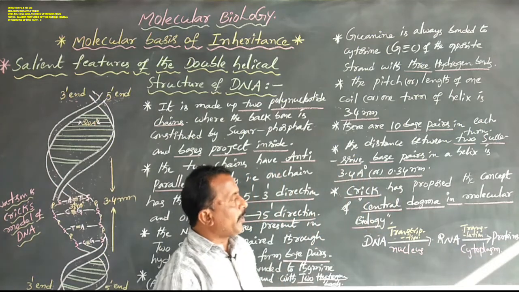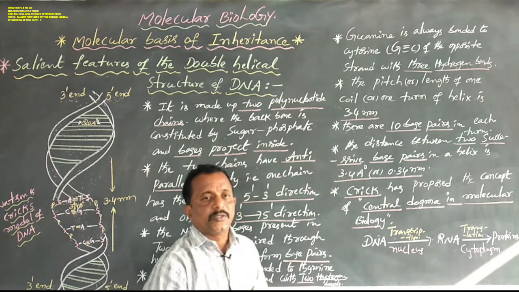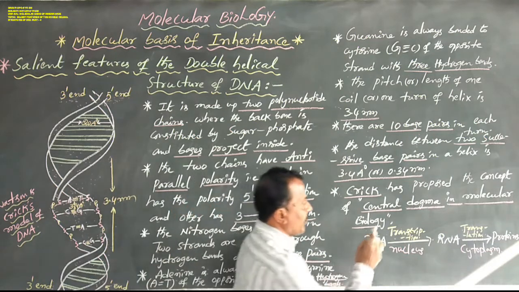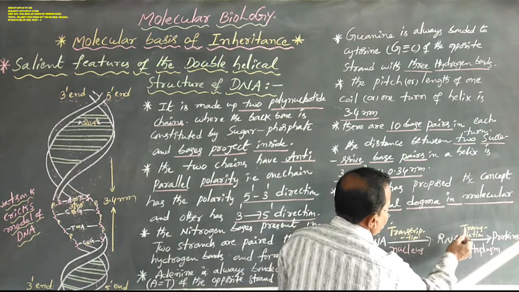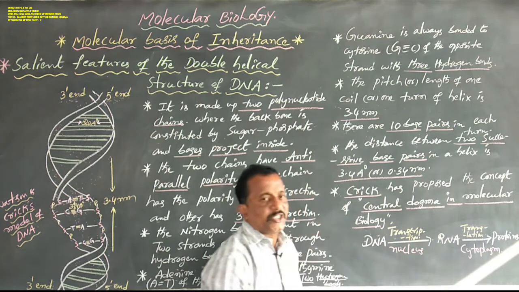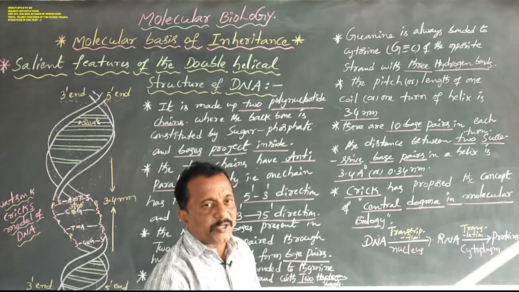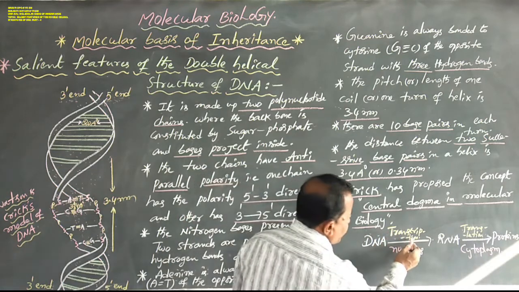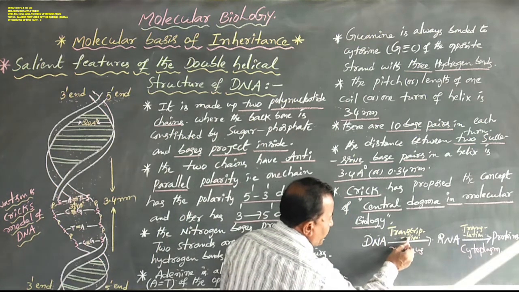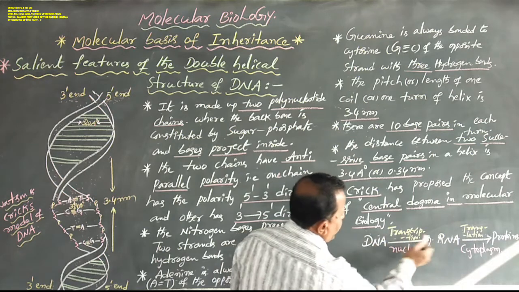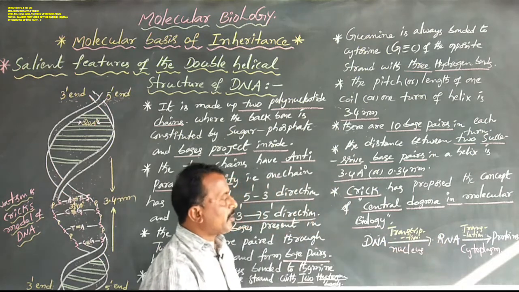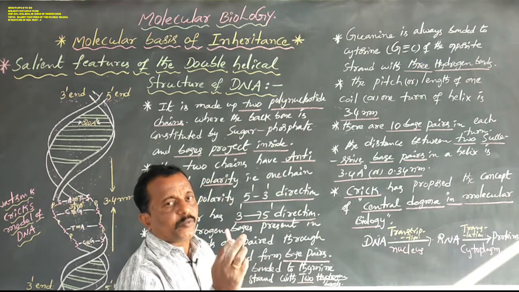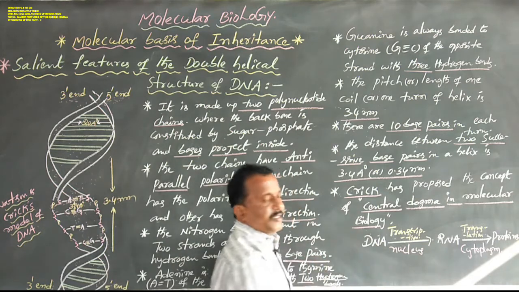Two phenomena are involved: the first is transcription, the second is translation. What is the meaning of transcription? Transcription means the genetic information is passed from DNA to RNA, and this process occurs in the nucleus.